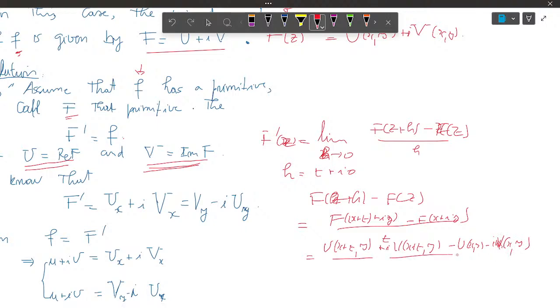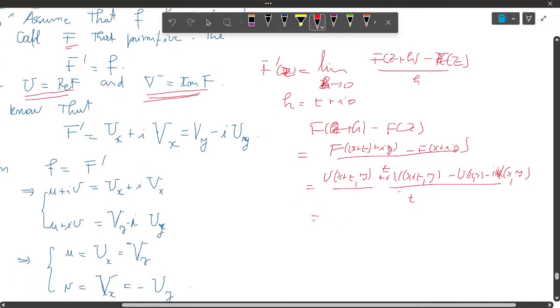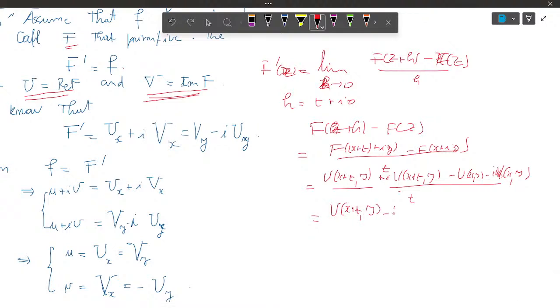So we divide everything by t. So what are you going to get? You're going to get u of x plus t, y minus u of x, y divided by t, plus i times v of x plus t, y minus v of x, y divided by t.